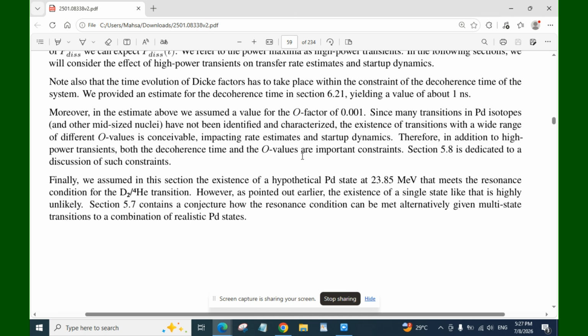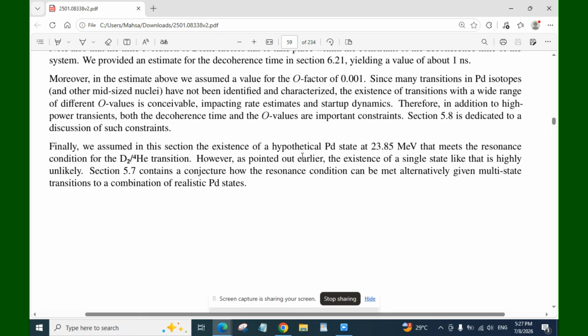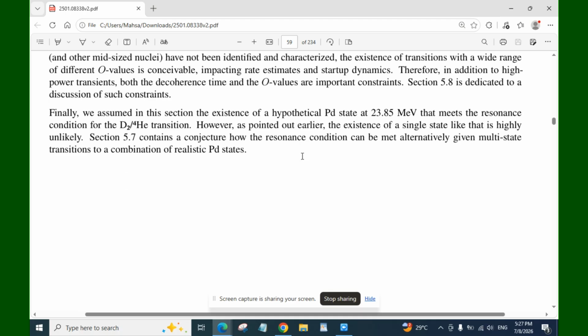The existence of transitions with a wide range of different Omicron values is conceivable, impacting rate estimates and startup dynamics. Therefore, in addition to high power transients, both the decoherence time and the Omicron values are important constraints.